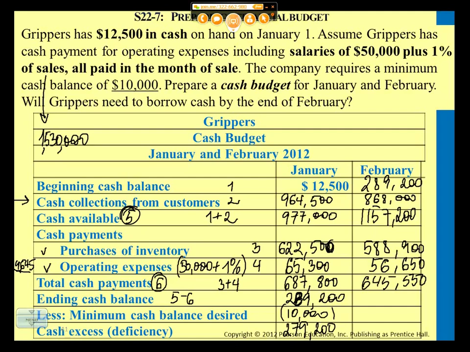How did we get 511,650? 1,157,645. Okay, 511 and what? 650. And then what do I need to have at the next line? Minimum cash balance desired? 10,000. So do I need to borrow anything? Okay, so it's 501,650. Okay, cool.